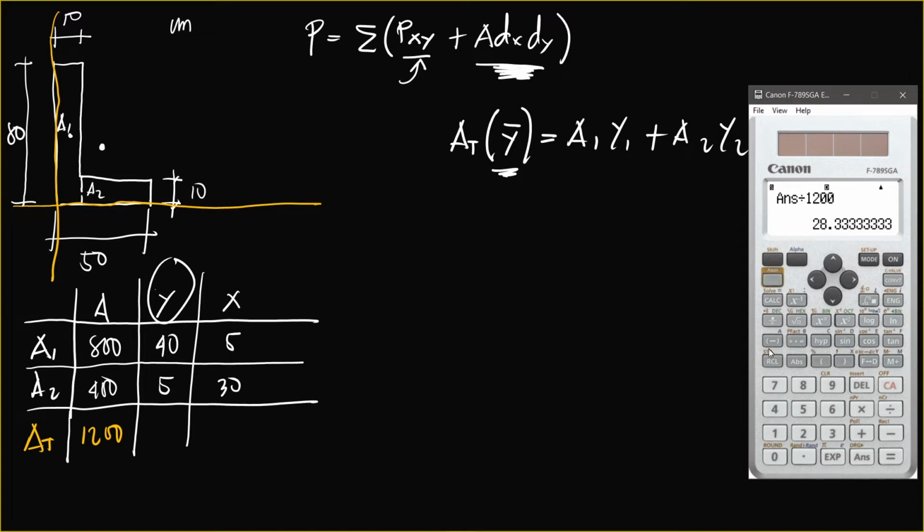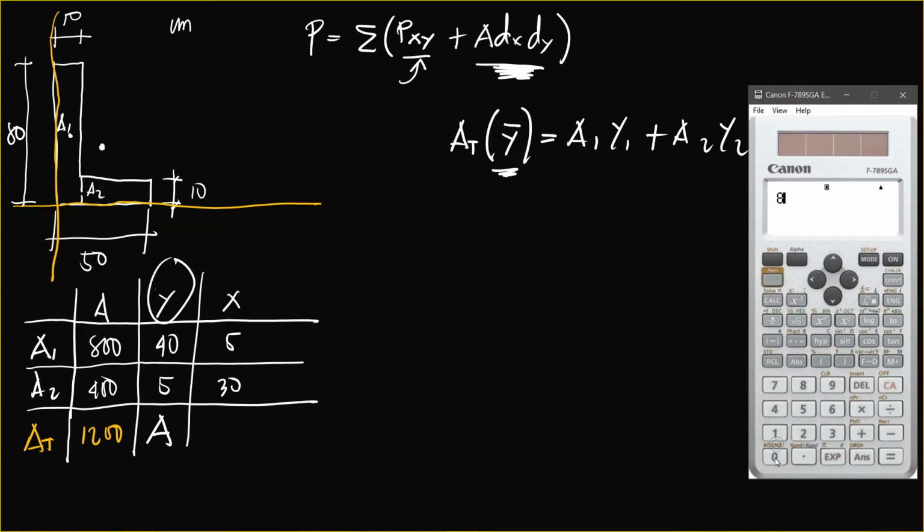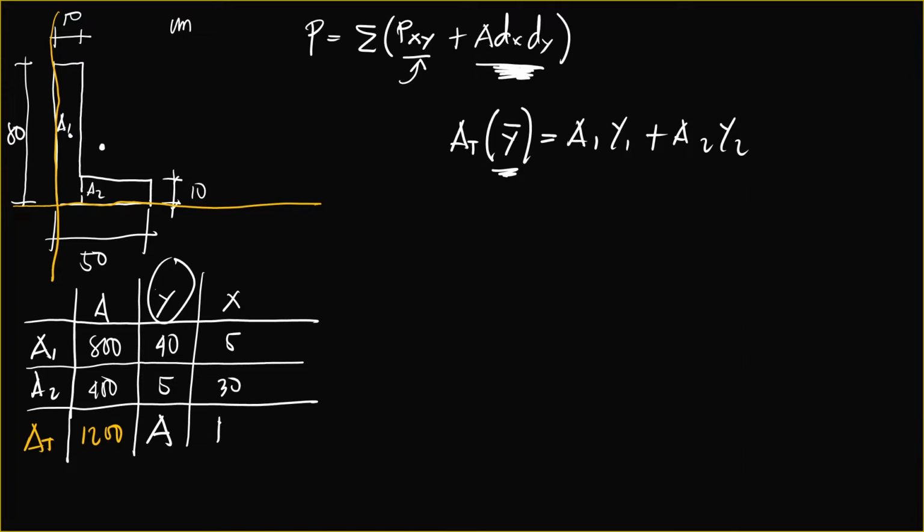Let me store it to A. I store it in the calculator because it is tiring to write many numbers. Then next, 800 times 40 over 3, or that is 13.33. Let me store it to B. I store it so that I don't forget. A and B.